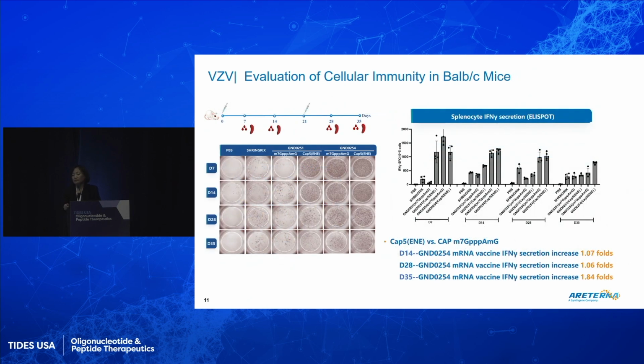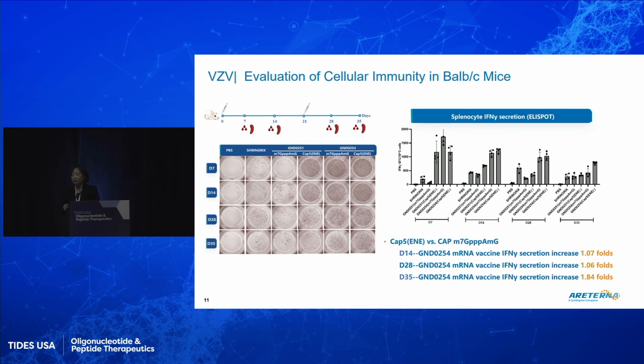And then we look at the cellular immunity by checking the number of interferon gamma secreting splenocytes. Again, there are 4 different data points. The first 2 pair of bars are control.